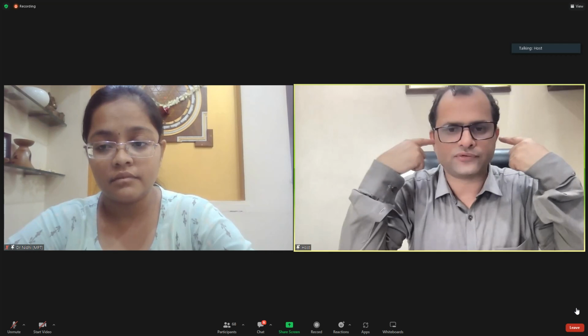So now look at this example here. See, the purpose of all axes is only one: to hold the structure and do the movement. So we have already discussed this transverse plane, right? I am making multiple slices.